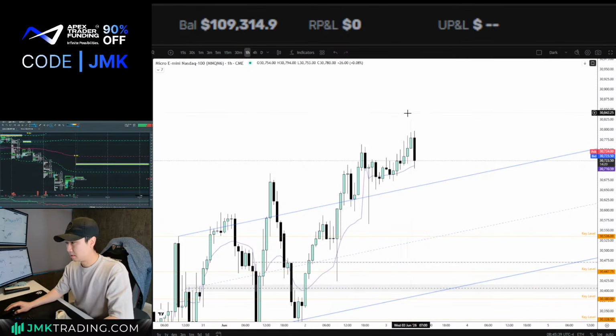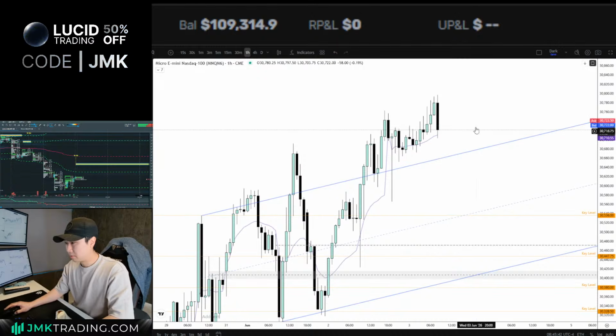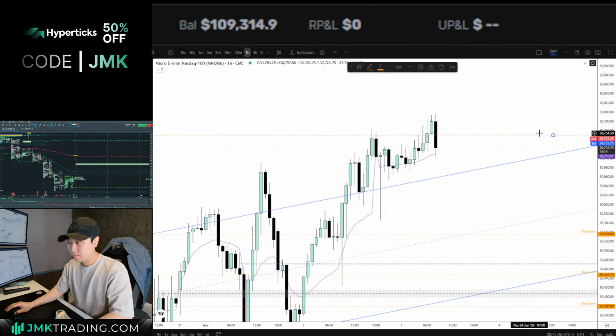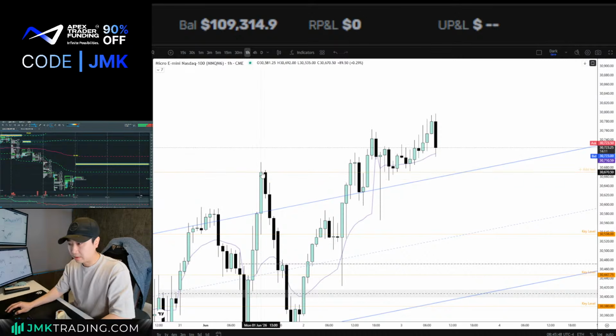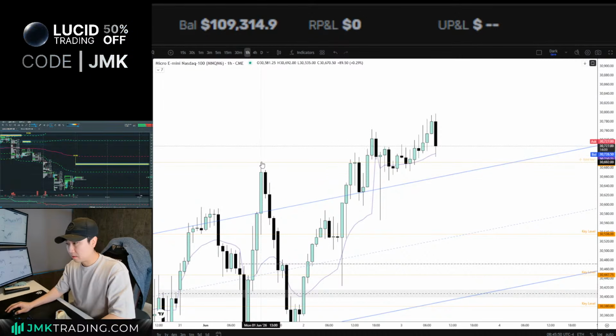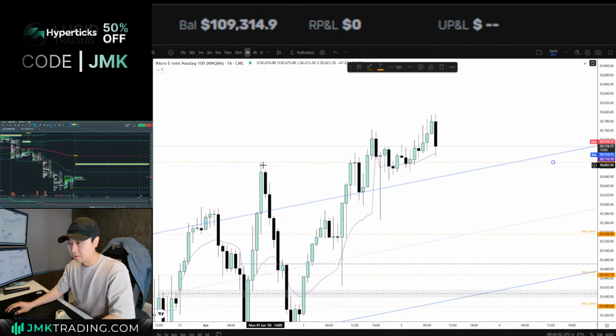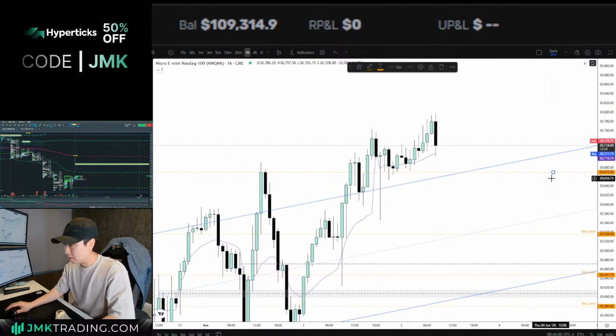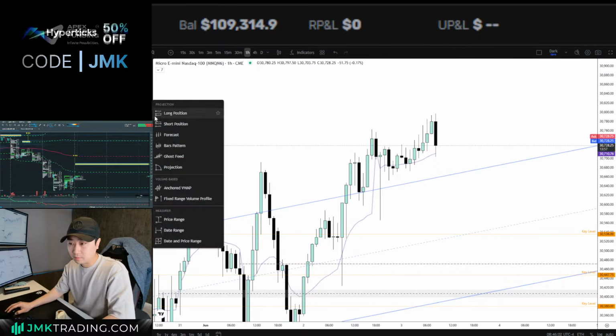So Discord should be able to see this now. All right, so pretty much what I'm looking at right now is this key level where the previous high couldn't close back here. You can probably use the actual high too. Just what I see here is if I take the high or the bottom here, it's probably more of a key zone. I think those two levels are pretty close enough.